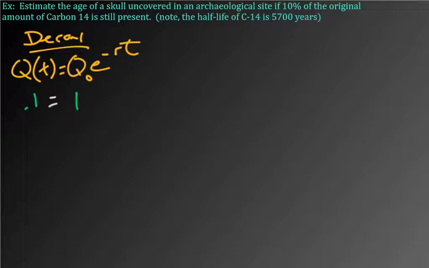So we've got one initial amount of carbon-14, let's say 1 unit of it, and it would be down to 0.1 of that unit, right? And then we've got an e in the equation, a negative in the equation. We don't know the rate, and we don't know the time. We want to solve for those things, okay?